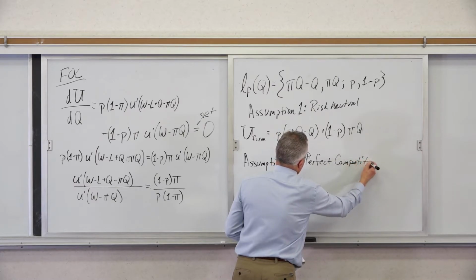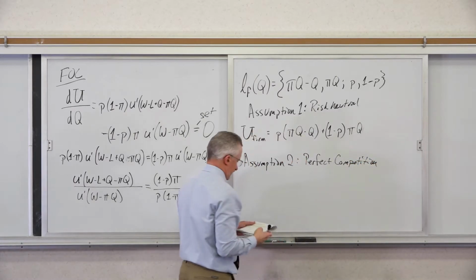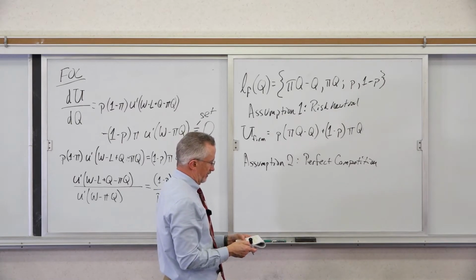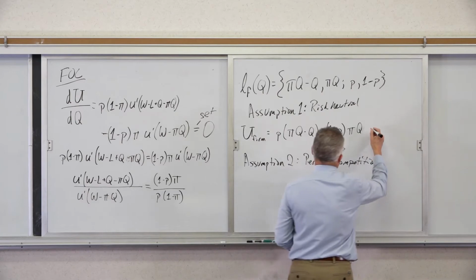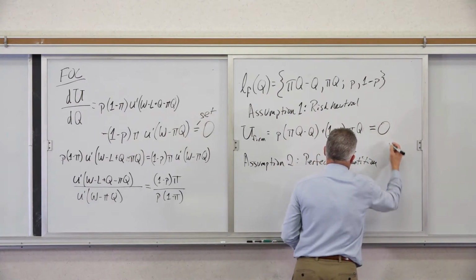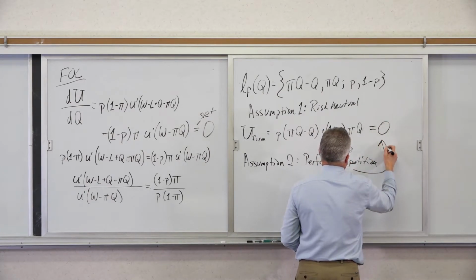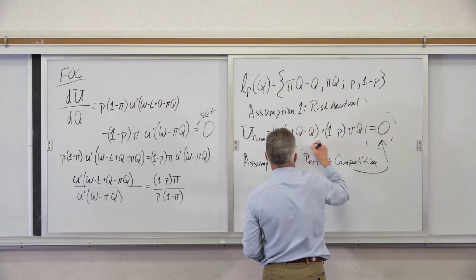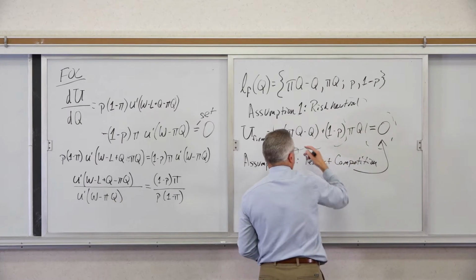Perfect competition means that the utility, or in other words, the profit for the firm is equal to 0. This is the perfect competition, and this is the risk neutrality here.